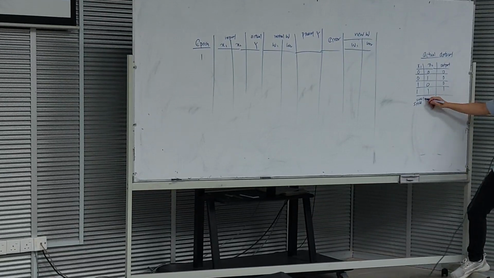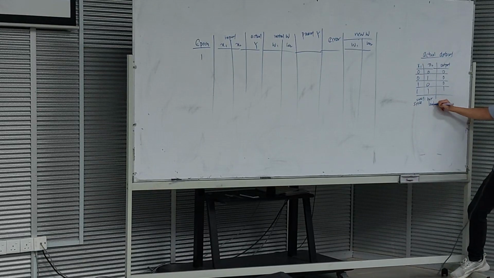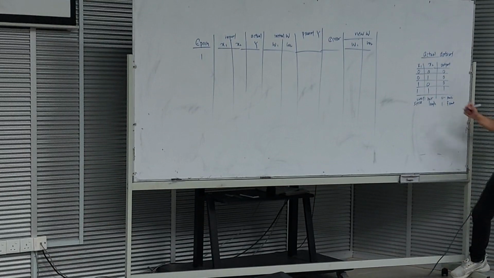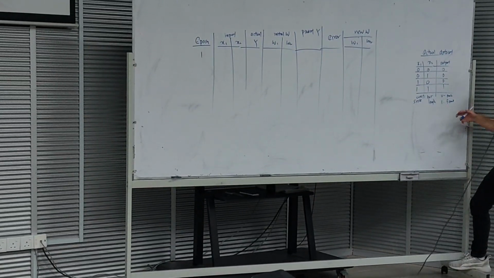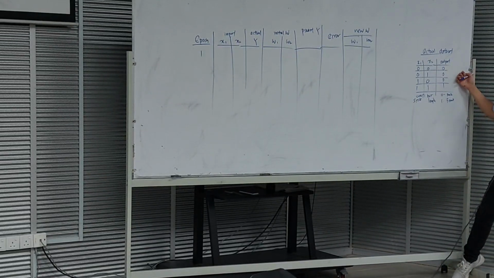Maybe x2 is your hair length, 0 is short, 1 is long, for example. And the output 0 maybe is male, 1 is female. So we have the 2 features used to generate the output here.